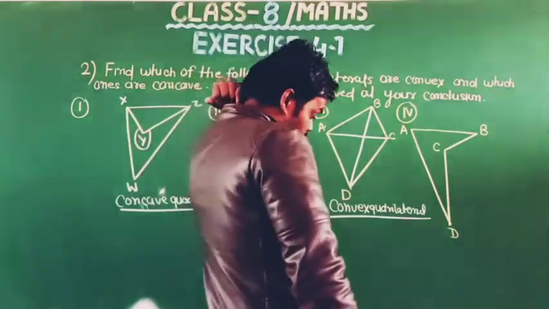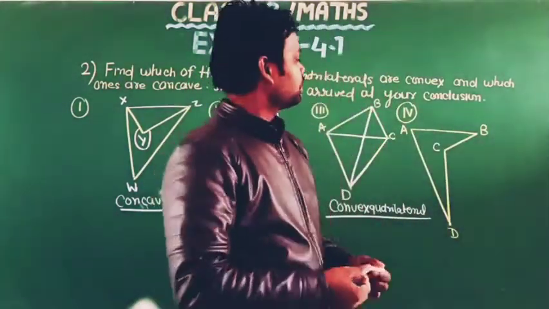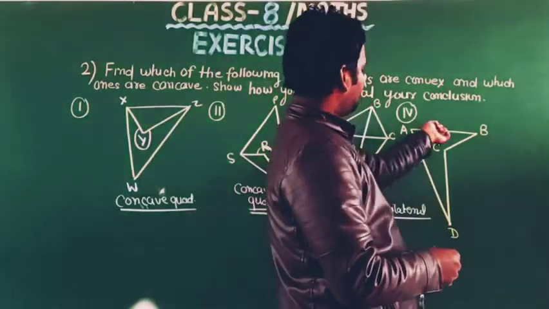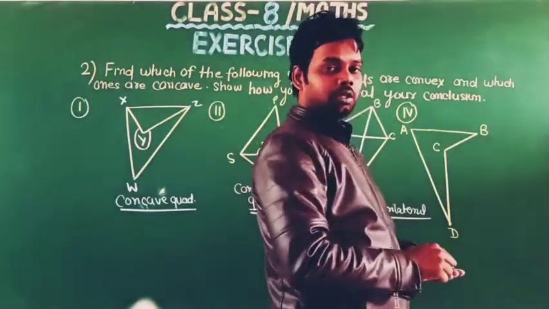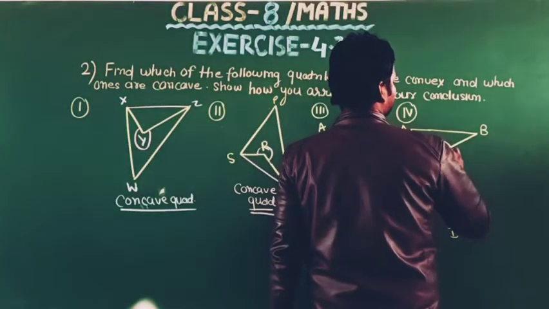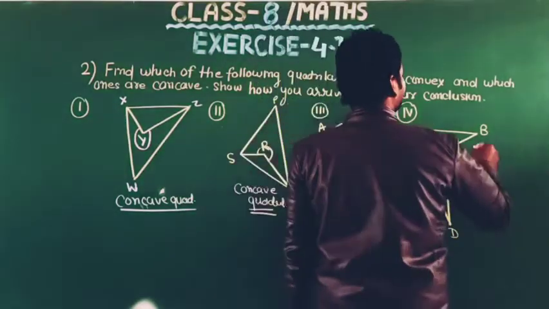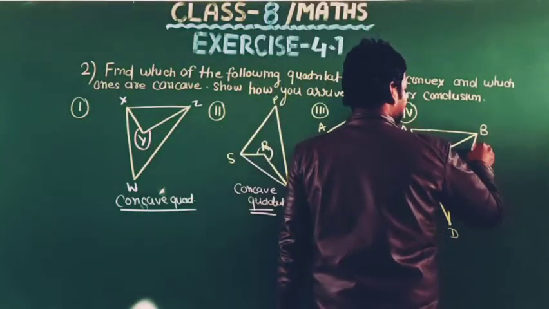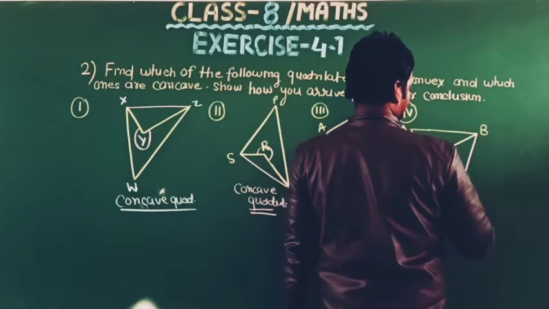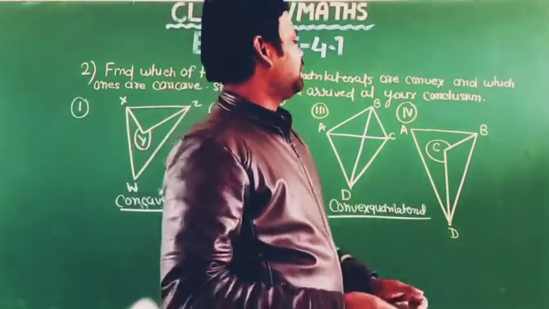Now move to figure number 4. Here we can observe one angle at a vertex is more than 180 degrees, and the diagonal from vertex B to D lies outside the quadrilateral.